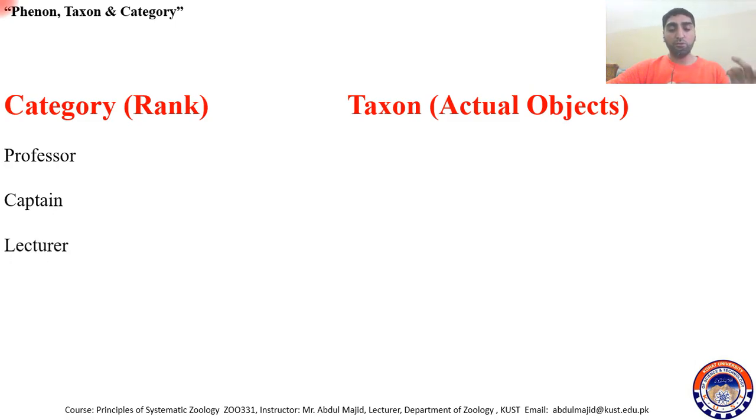And if I tell you that I have a friend in Kohat University who is a lecturer, you will think the rank of the person is lecturer, which is BPS 18, but you don't know the actual person. And if I tell you major, major is a higher rank in the army, but again you don't know who that major is. So if I tell you Professor Akram Shah, then you know the actual person.